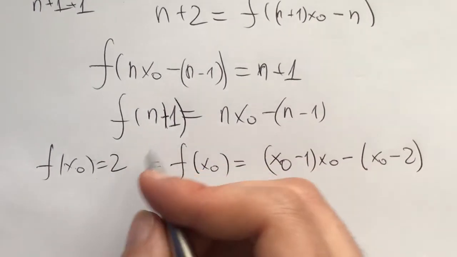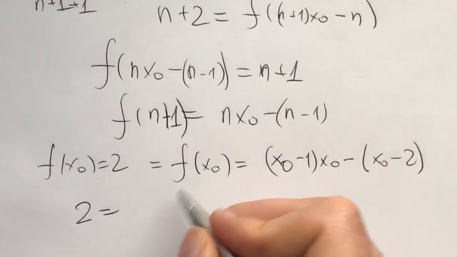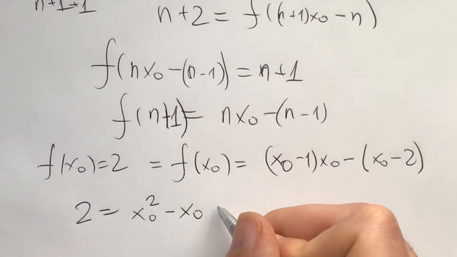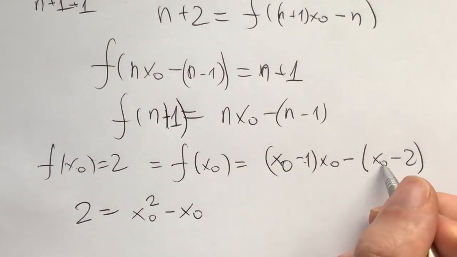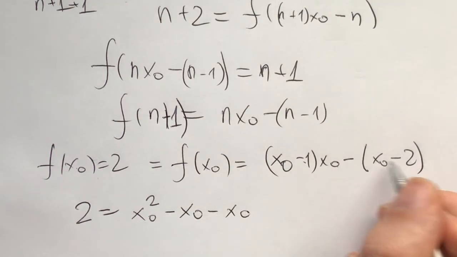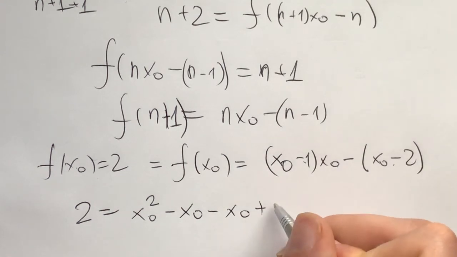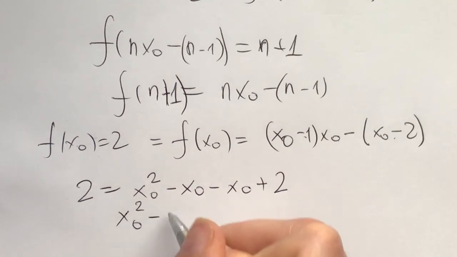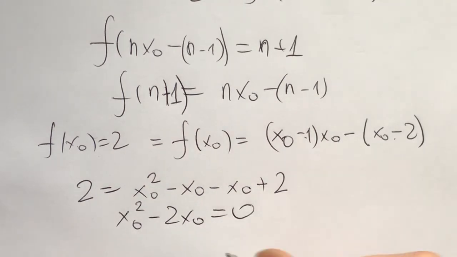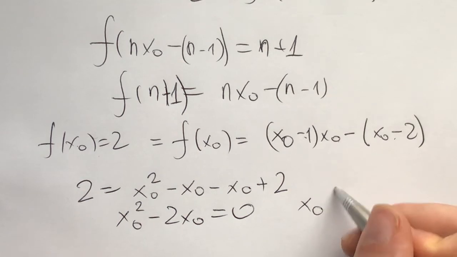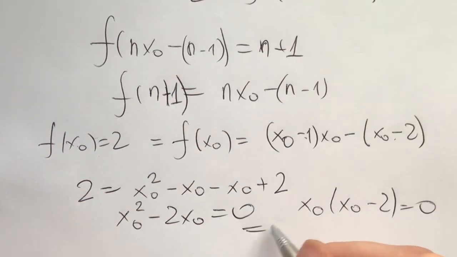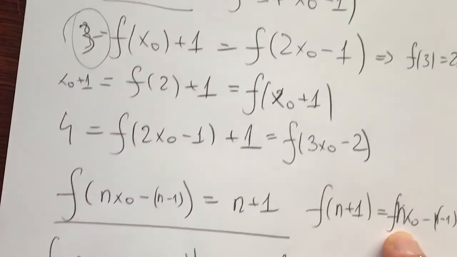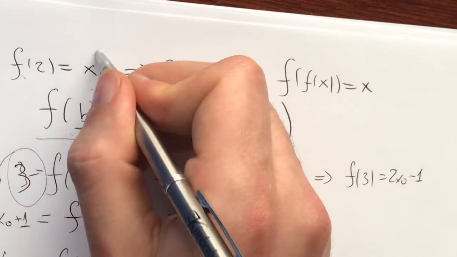And what we get from here is that 2 is equal to x0 squared minus x0, and then this is a minus x0, and then this is a plus 2. In other words, x0 squared minus 2x0 is equal to 0, and we get x0 minus 2 is equal to 0. In other words, x0 is equal to 2, which means that f of 2 was in fact equal to 2.